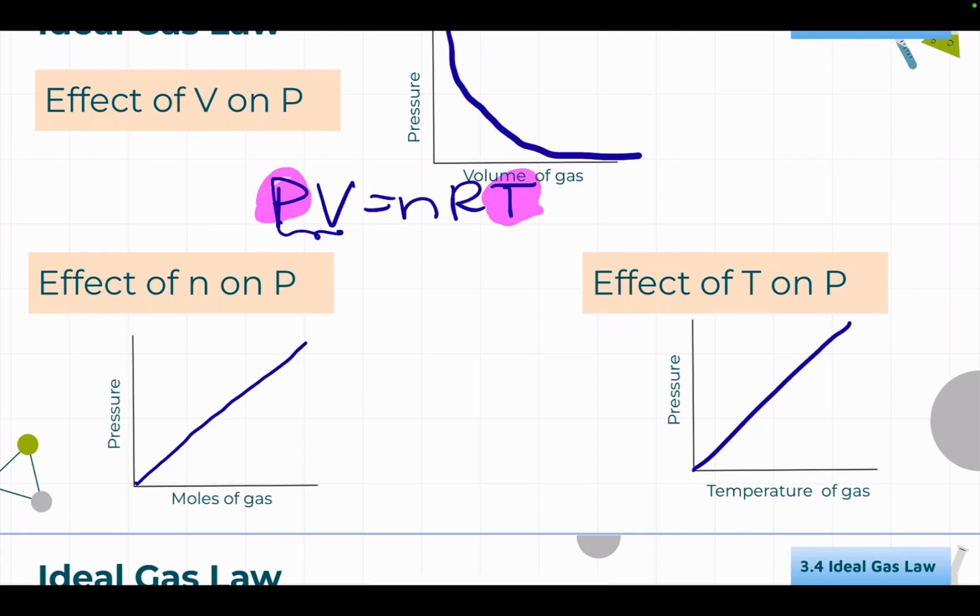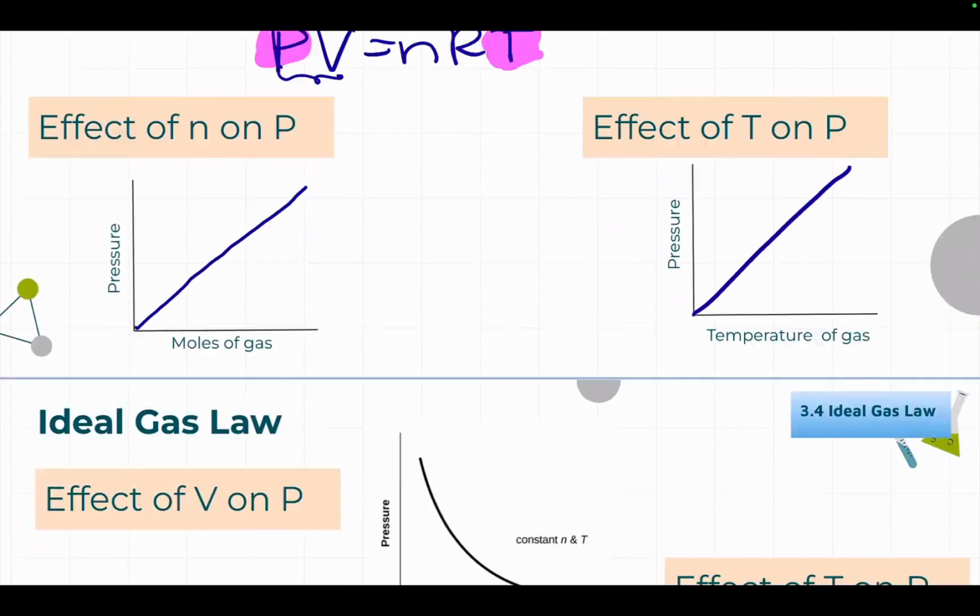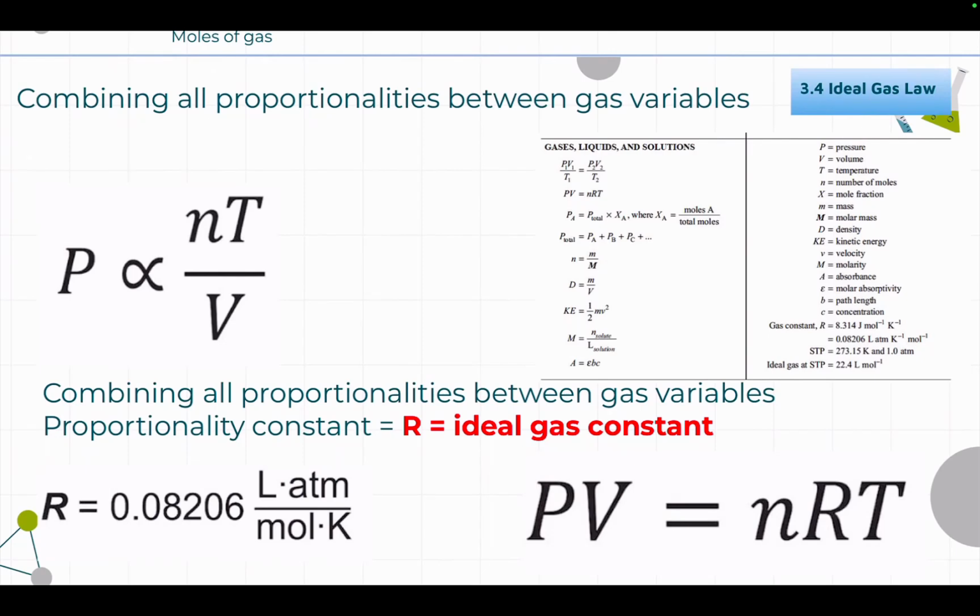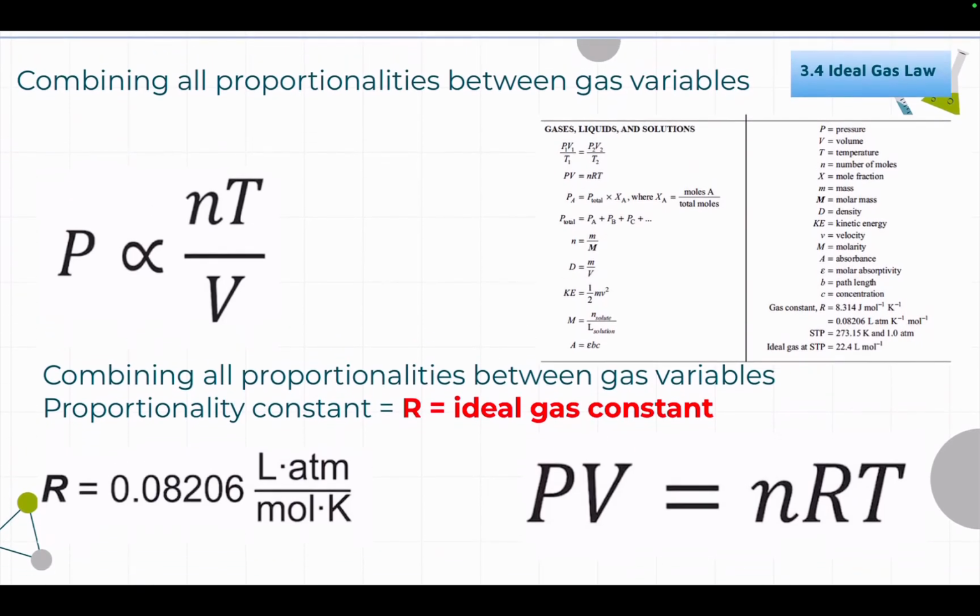The pressure will go up as temperature goes up. If I rearrange, you can also see that my direct proportion is with the variables in the numerator, and my inverse proportion is with my variable in the denominator.